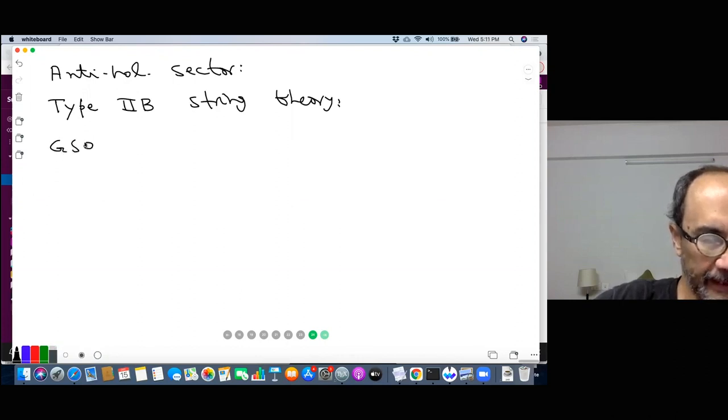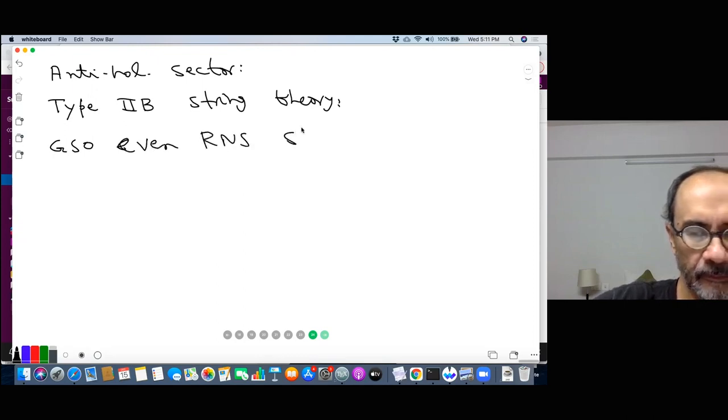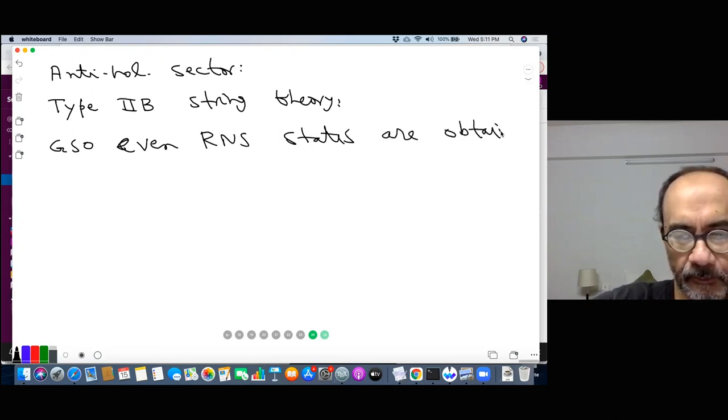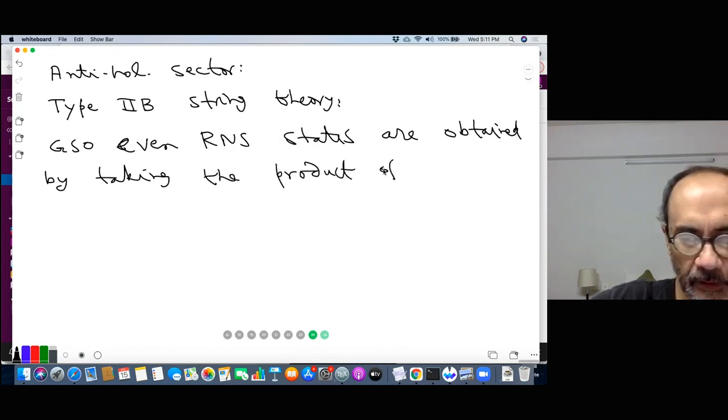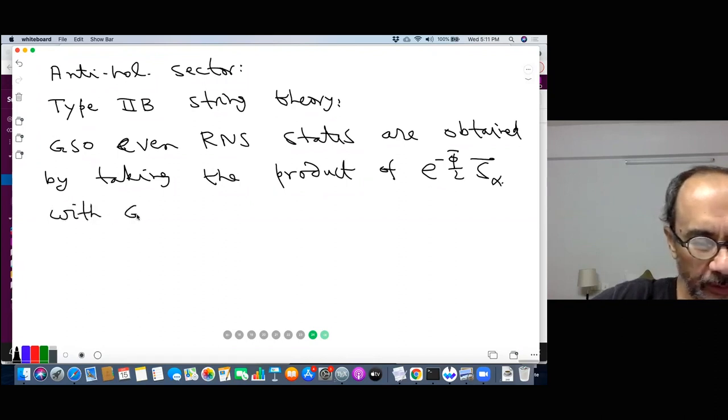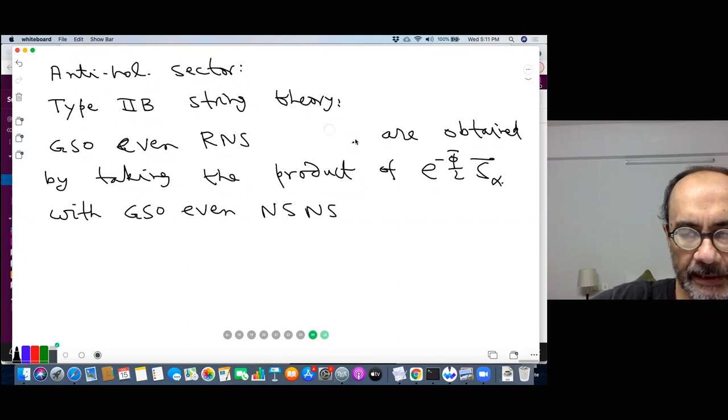So the GSO even RNS states are obtained by taking the product of e to the minus phi bar by 2 S bar alpha with GSO even NSNS operators. Again, let me write it as operators.